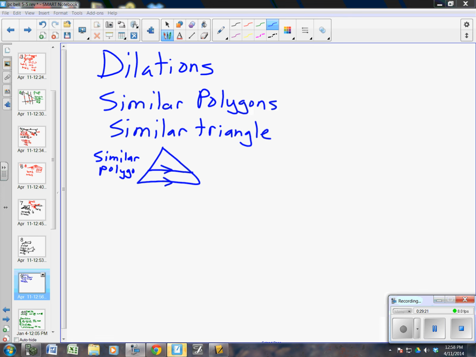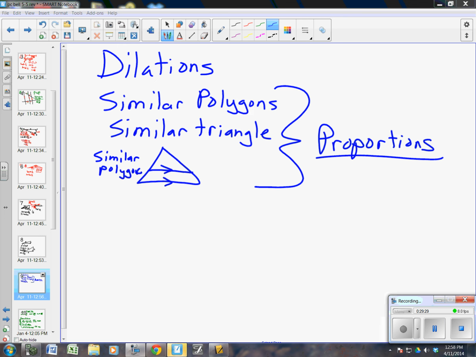But with each of those, you need to be able to write proportions that you can solve for the test, okay? And then you need to know your right triangle trigonometry, the SOHCAHTOA we talked about.